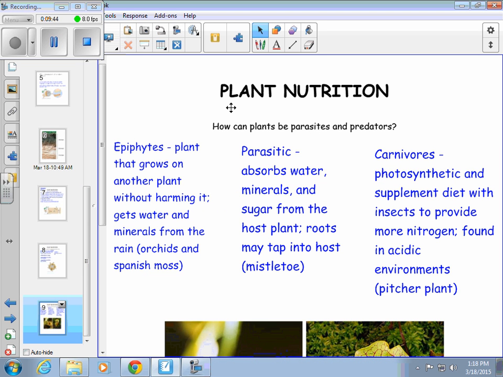And the last slide are about different types of plants that are not so common, not so familiar. The one group are a group called epiphytes, and epiphytes are plants that grow on other plants. They don't harm them, so that would be considered a commensalistic relationship, whereas one benefits and one is not harmed.